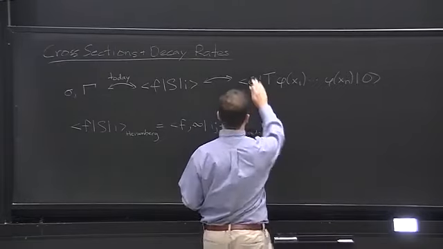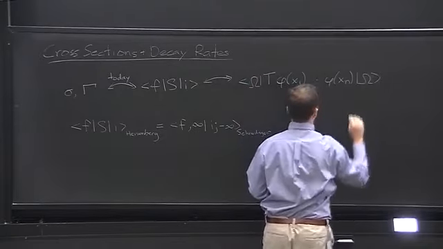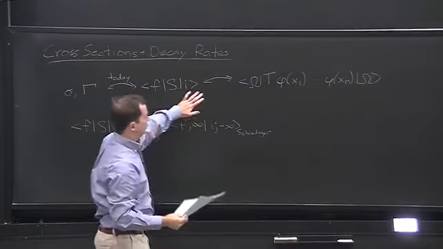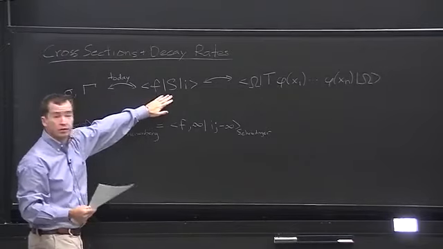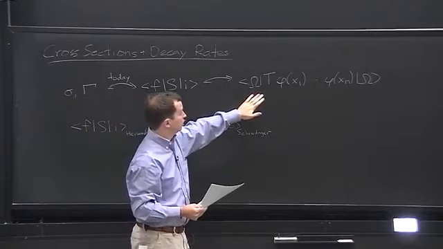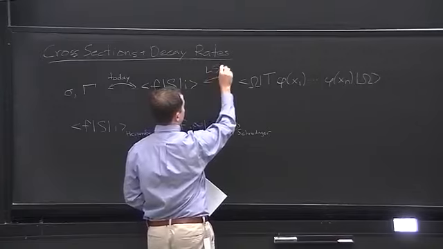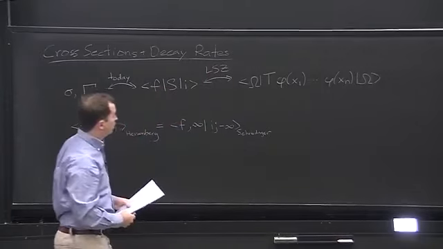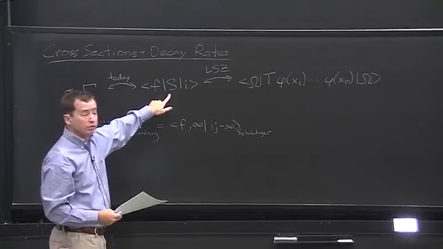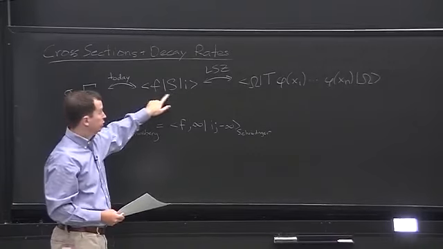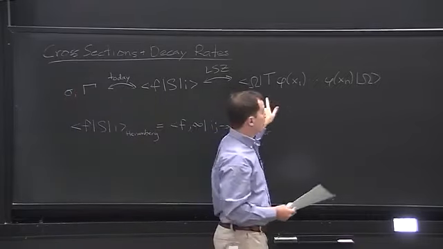Sorry, I skipped a step. So today we'll relate this to these amplitudes. What we'll then do at the beginning of next week is look at the LSZ reduction formula, which will relate these amplitudes that we're interested in to vacuum expectation values of time-ordered products of fields.